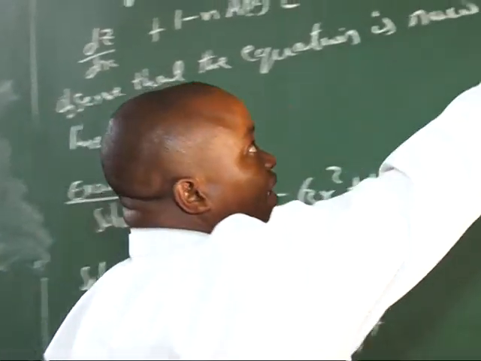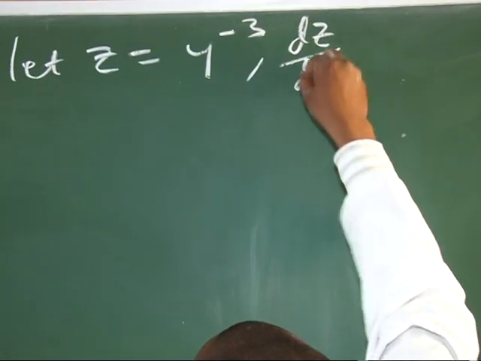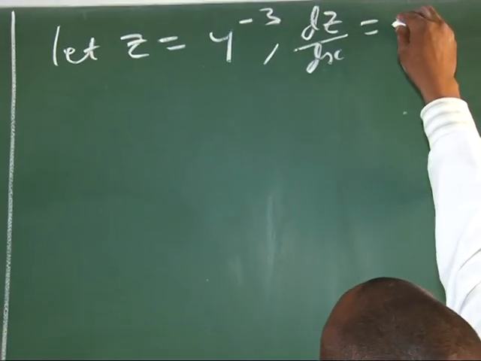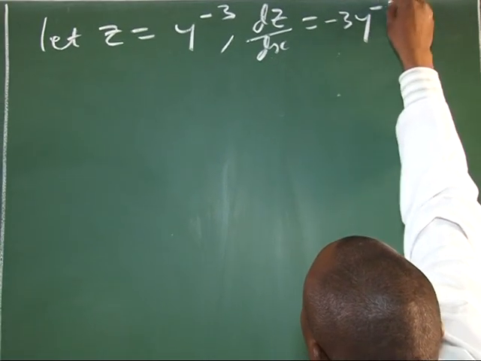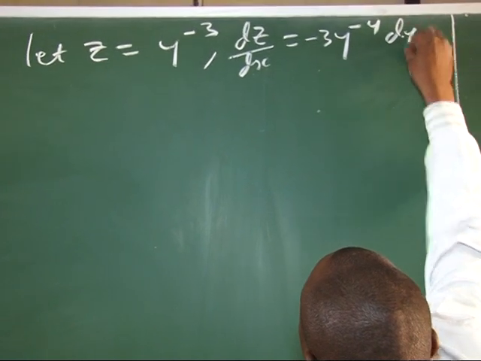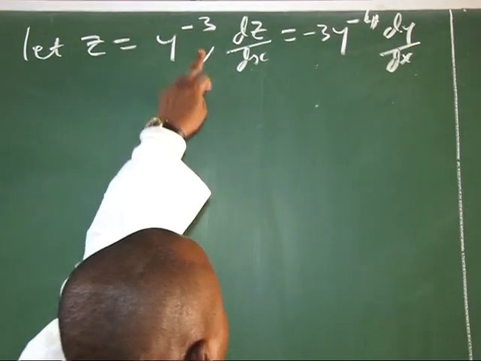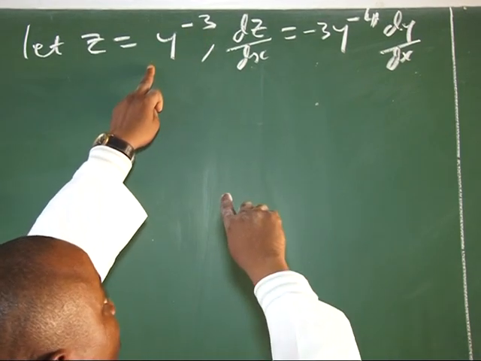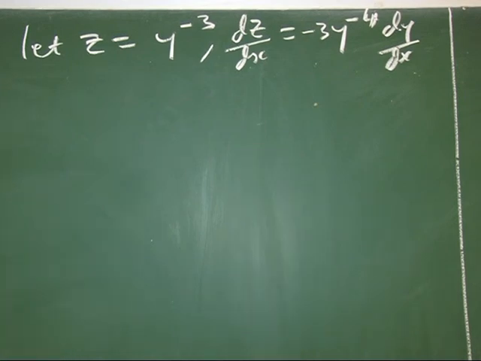And so we have that z is this. So that dz over dx will be minus 3y raised to negative 4 dy/dx. You know why we have negative 4? Because when we differentiate this, we have minus 3, then minus 1, it was minus 4.